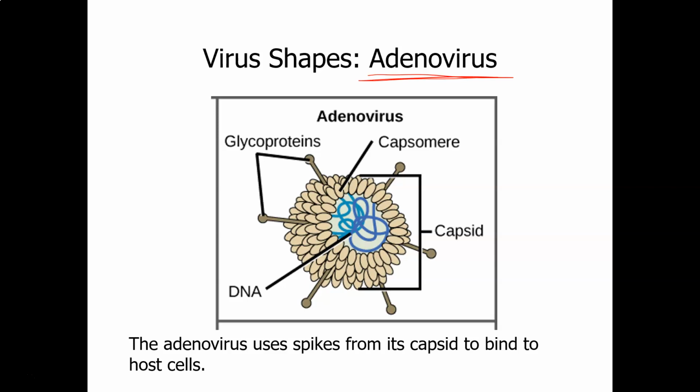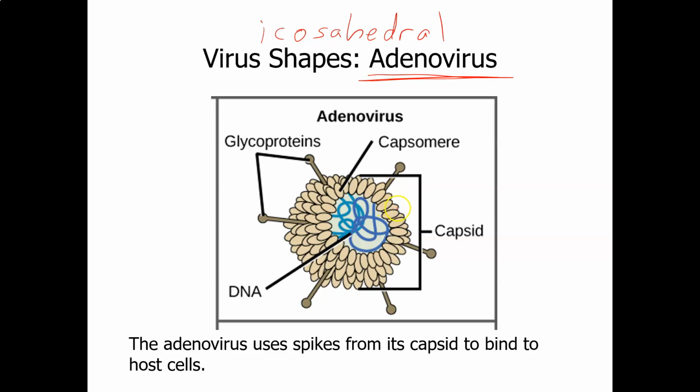But adenoviruses do not have an envelope. All they have is a capsomere. This is an icosahedral shape. The way the capsomeres are arranged, it's really hard to know exactly what geometric shape it is, but we just call it icosahedral because it's kind of round.